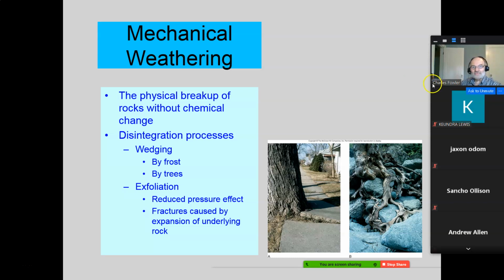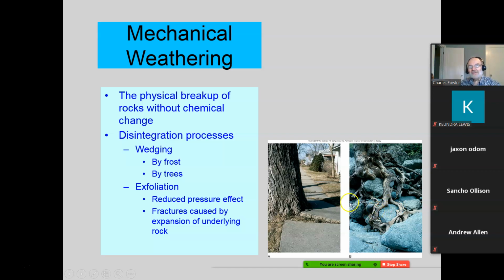Here are the tree roots. Now this is not rock. This is a sidewalk, but that's almost like rock, okay? And tree roots just push it right on out of there. These are tree roots that originally were just little bitty root hairs that went down into crevices of rock and slowly over time ate their way in, forcing the rocks to break apart, secreting a little bit of acid, breaking it further.